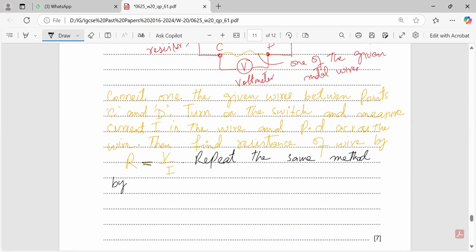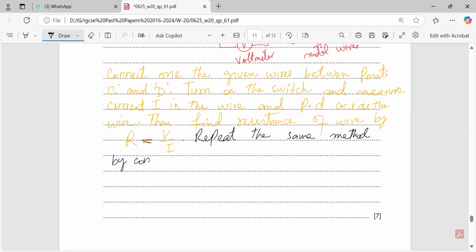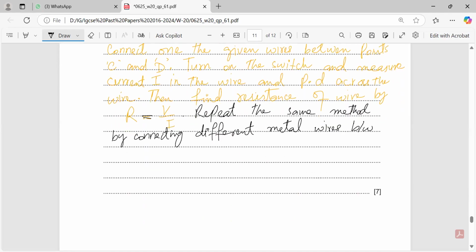Repeat the same method by connecting different metal wires between terminals C and D.